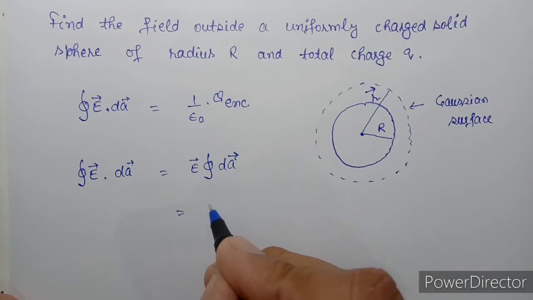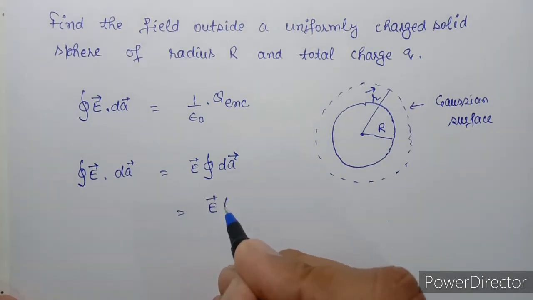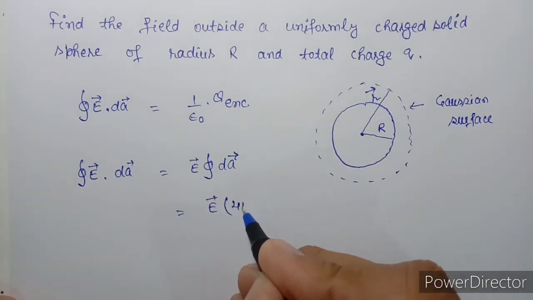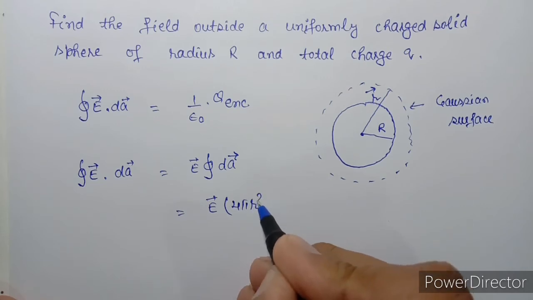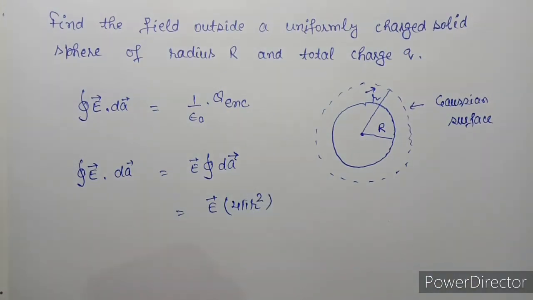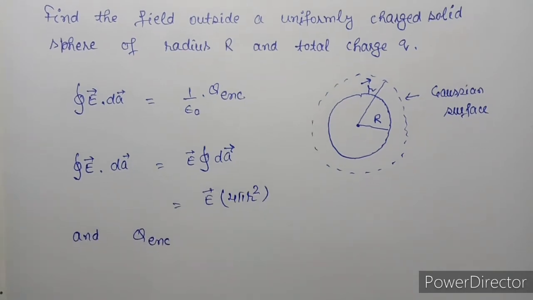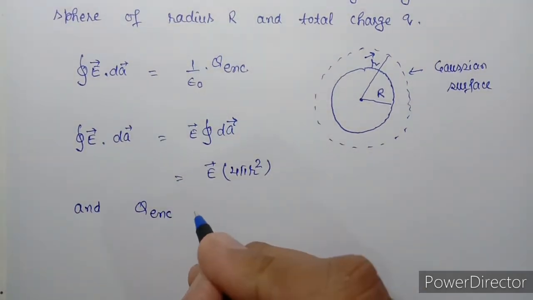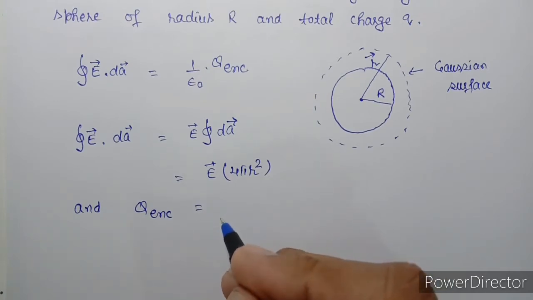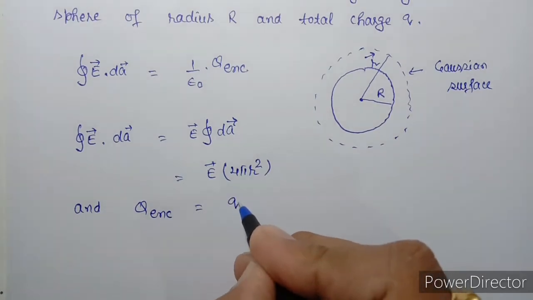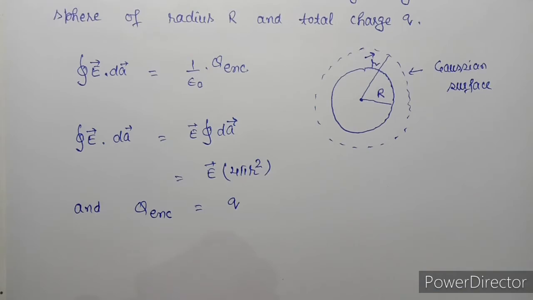The area of the sphere is 4 pi r square, and the total charge enclosed within the sphere is q, as given in our problem.